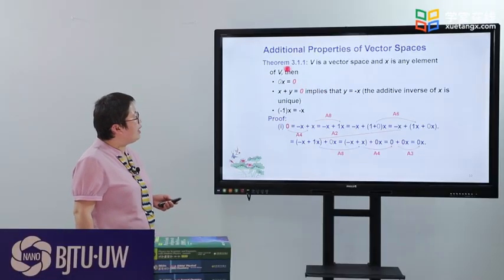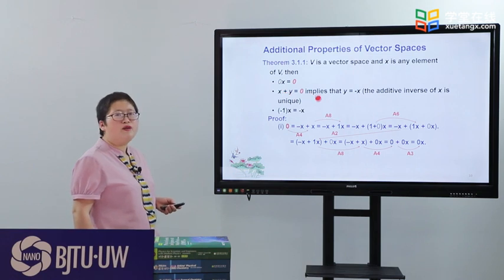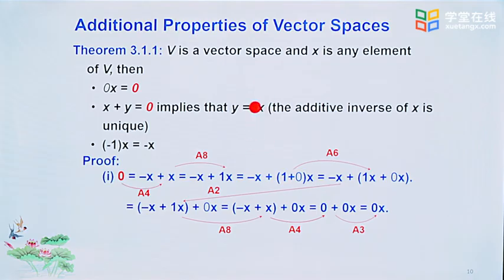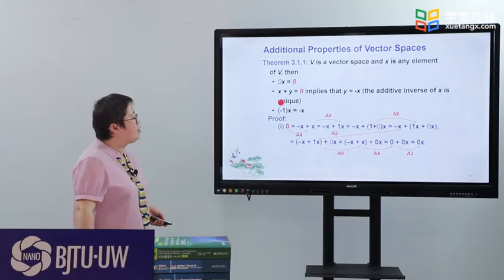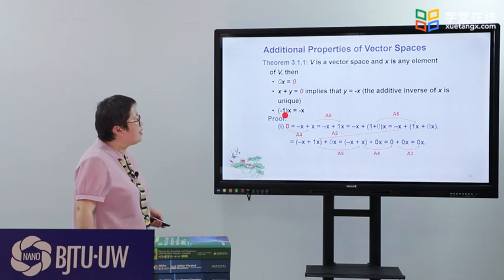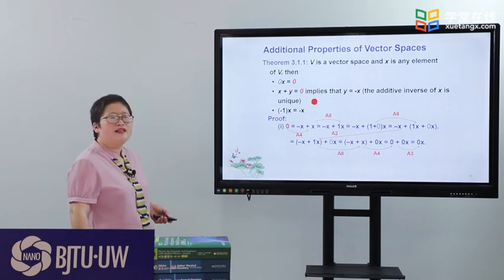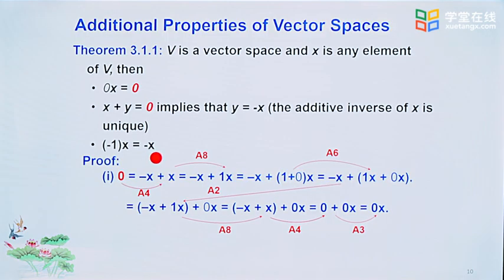And we also have that x plus y equals the zero vector implies that y equals minus x, that is, the additive inverse of x. So the additive inverse of x is unique. And also, the scalar minus 1 times any vector x in this vector space is just minus x, the additive inverse of x.